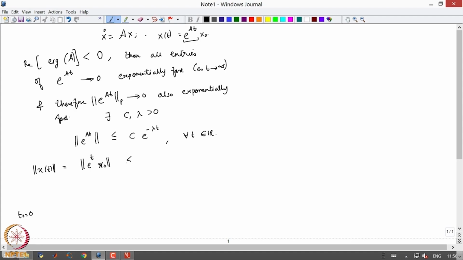This will be less than or equal to the norm of e power At times the norm of x naught. Here I am using the submultiplicative property of matrix norms.